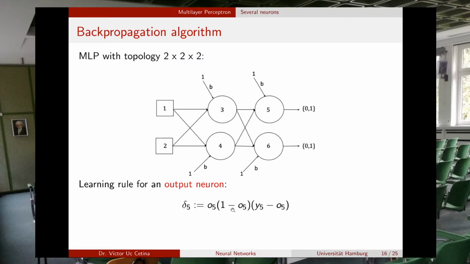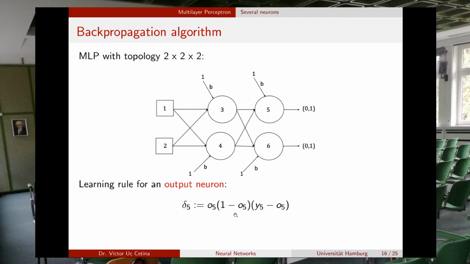These two factors come from the derivative of the sigmoid function. If you remember, the derivative of the sigmoid function is in terms of the same sigmoid function: the evaluation of the sigmoid, which is what you are getting here, times 1 minus the same sigmoid function.